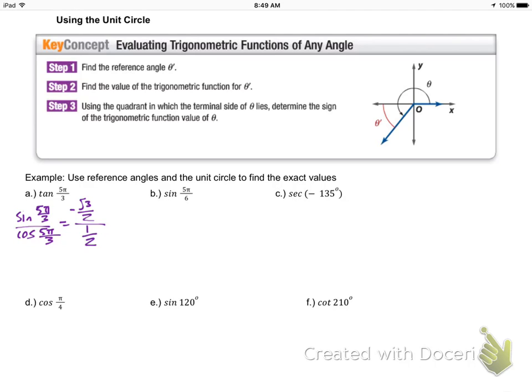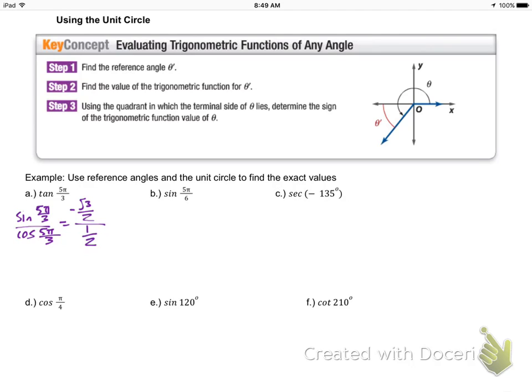Look at that. I didn't have to worry about steps 2 and 3. Or actually, even 1 or 3, because I just went to the value of the trig function at theta instead of the reference angle. And I didn't have to worry about the signs because the sign already came along because it's on my unit circle. So it's really cool that I can use my unit circle that way. Now, of course, I got a complex fraction.